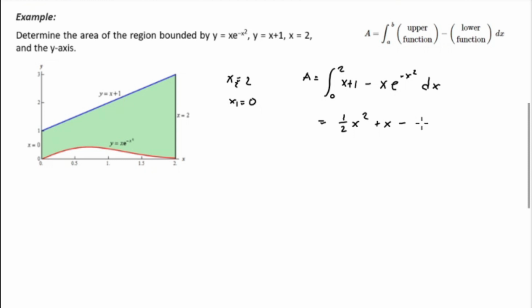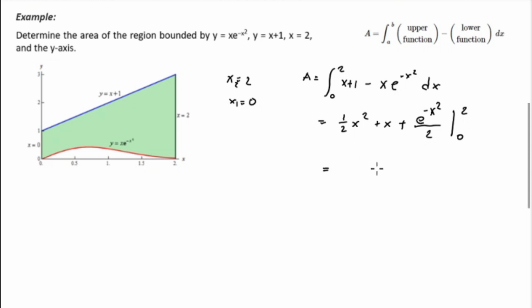The integral of x e^(-x²) is e^(-x²) over 2, and the negative sign becomes a plus sign, and we have the limit from 0 to 2.